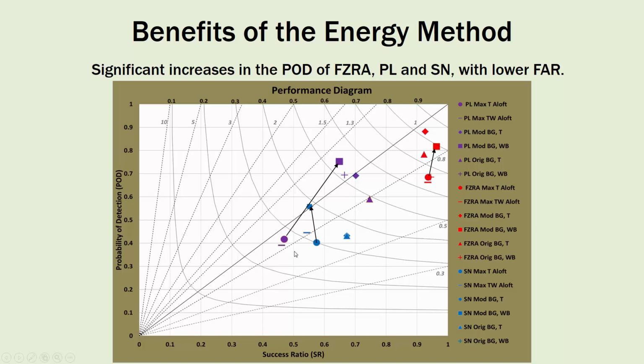Likewise, some of the same things can be said about sleet potential, a big increase in the POD and success ratio for sleet, and even a higher POD noted for snow events. Overall, much better statistics relative to the traditional top-down method, and we even see increases with the modified technique over what we saw with the traditional Bourgouin.